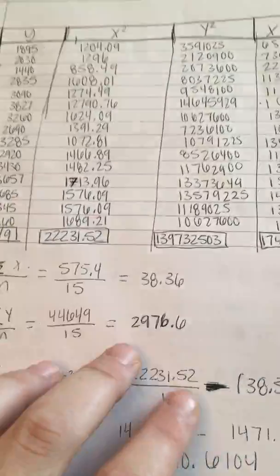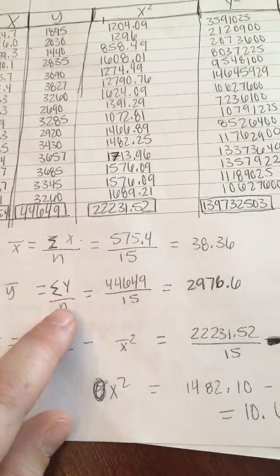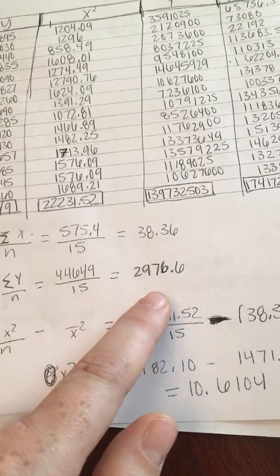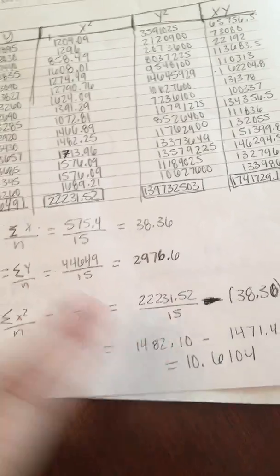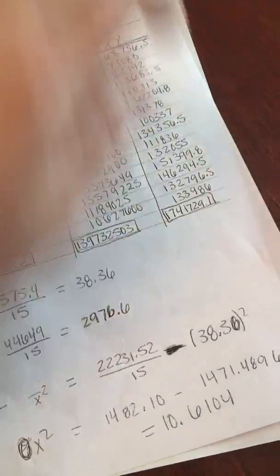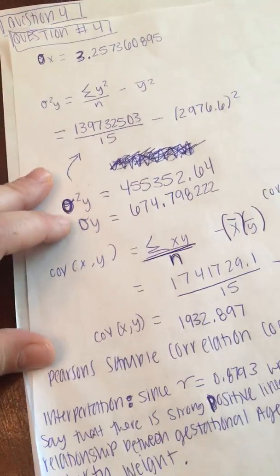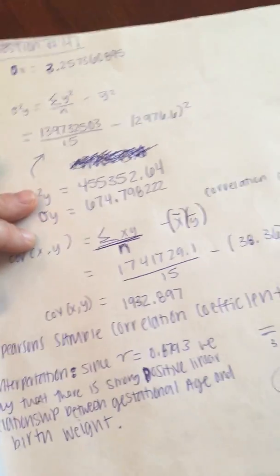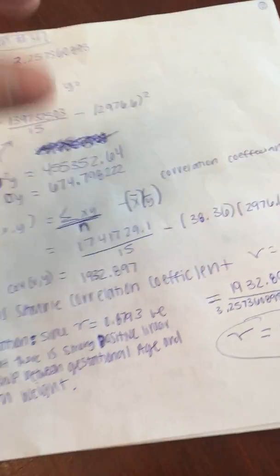Same thing with the sum of y over n, you get 22976.6. You keep going all the way down, x squared, y squared, and then you multiply them. Then I have these numbers here, and we just punch them in like I was doing.